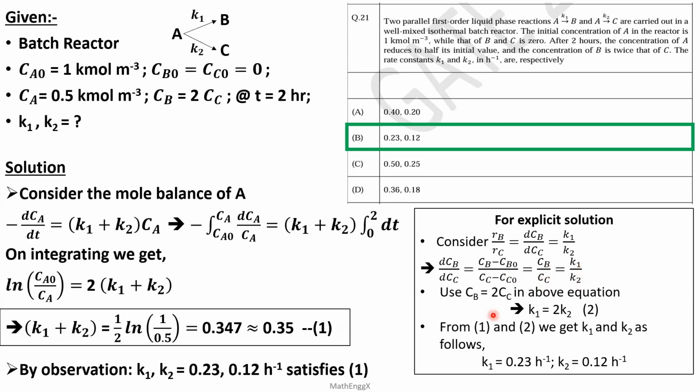It is given that Cb will be equal to 2 Cc after 2 hours. So hence we get k1 is equal to 2 k2. Now using this equation along with equation 1, we get the values of k1 and k2 as 0.23 and 0.12 per hour. So this agrees with the values given in option B.